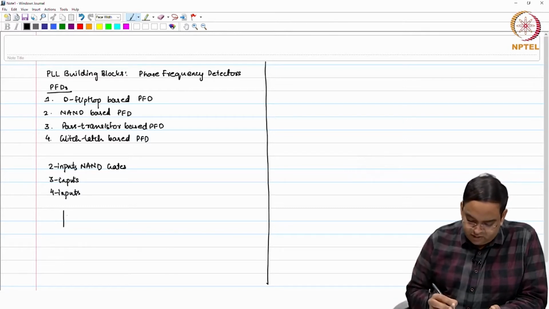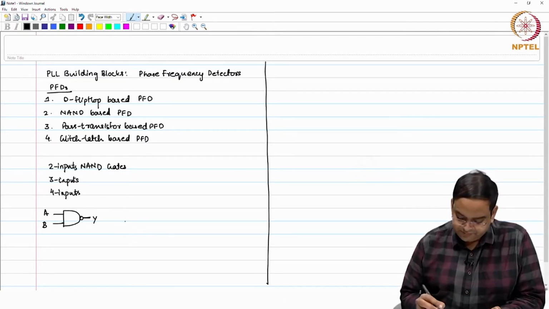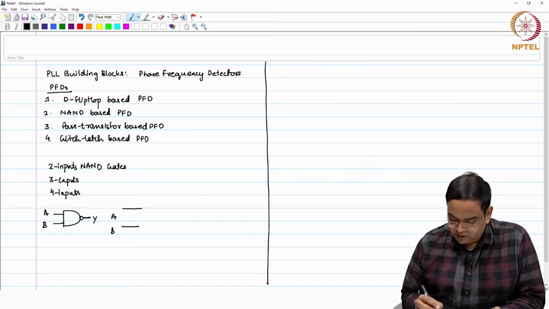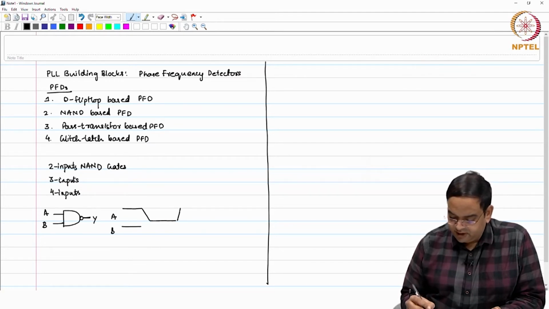For example, if you have a NAND gate like this, with inputs A and B, and the output is Y. Let us say A is 1 and B is also 1, or logic high, and A makes a transition like this, and then after some time it goes back to high.